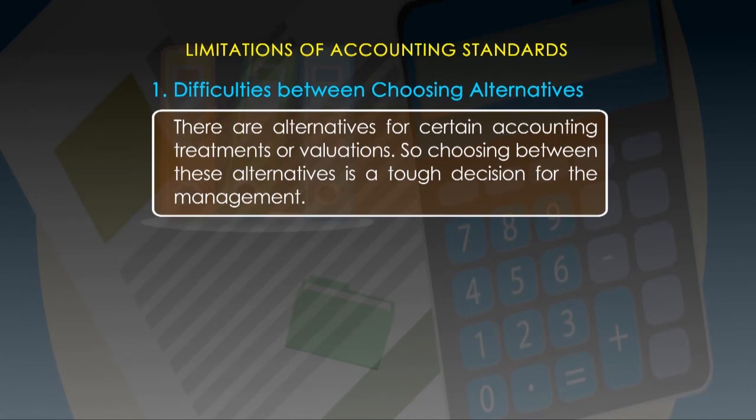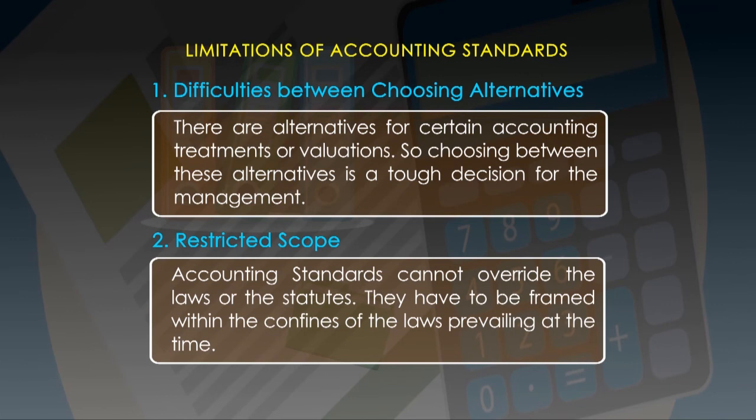There are alternatives for certain accounting treatments or valuations. So, choosing between these alternatives is a tough decision for the management. Number two, restricted scope. Accounting standards cannot override the laws or the statutes. They have to be framed within the confines of the laws prevailing at the time.